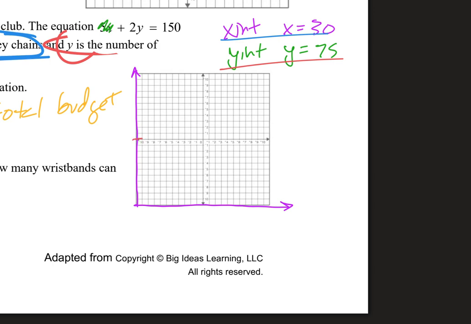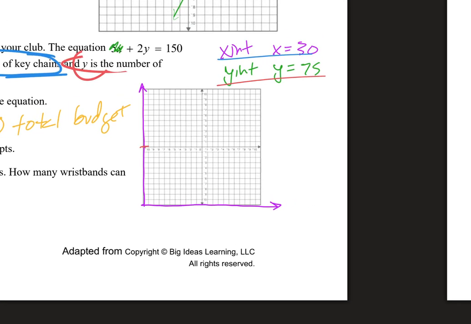Let's call this like 50. So there's 75. And if this is 50, then 30 is like, let's say right here. And I know that you might be thinking, well, that's not really exact. Are you really just guessing? Yeah, I am.